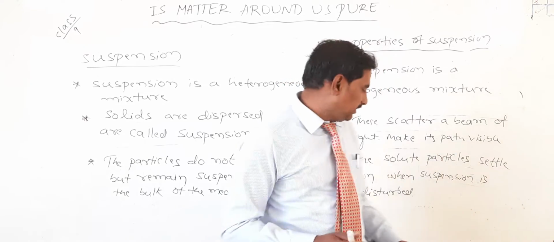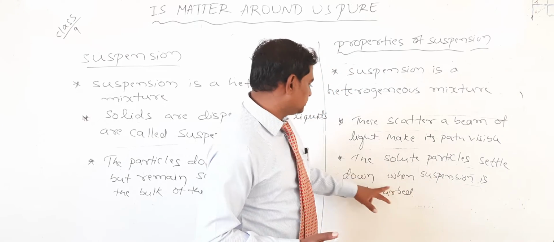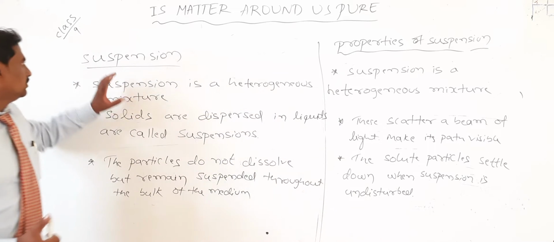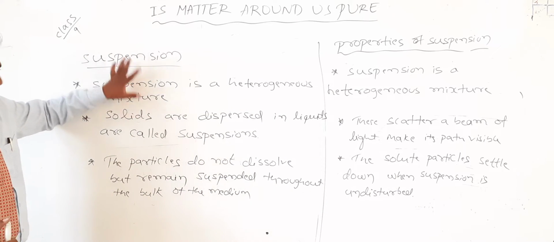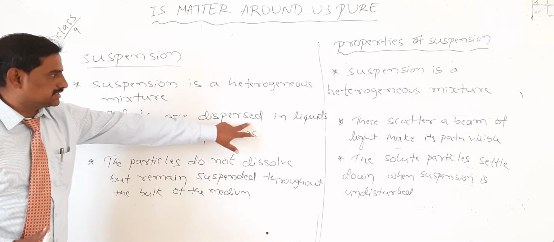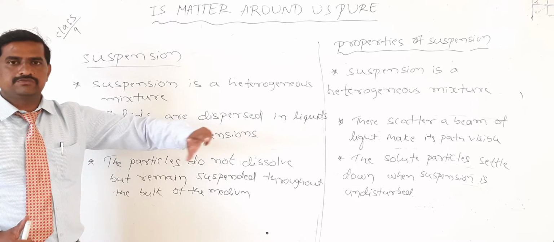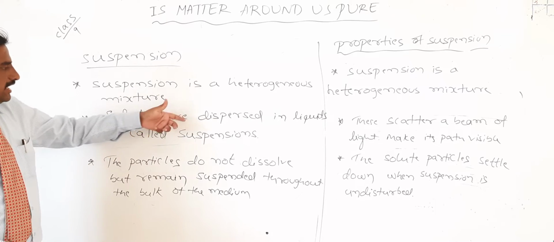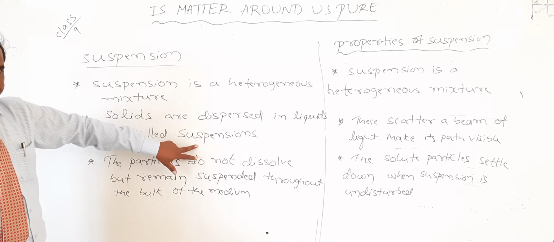So that is, the solute particles settle down when the suspension is undisturbed. See here once again, what is the suspension? Suspension is solids dispersed in liquids. Dispersed means visible, they are not dissolved completely. So solids dispersed in liquids is called a suspension.